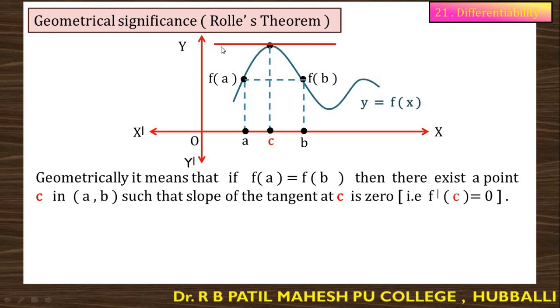Here you can see that a tangent is drawn and its slope is 0. That is, f dash of c value is 0. Which means that f dash of c is nothing but the slope of the tangent at the point c. So the geometrical meaning of derivative is nothing but the slope of the tangent. You have to remember this statement, students.